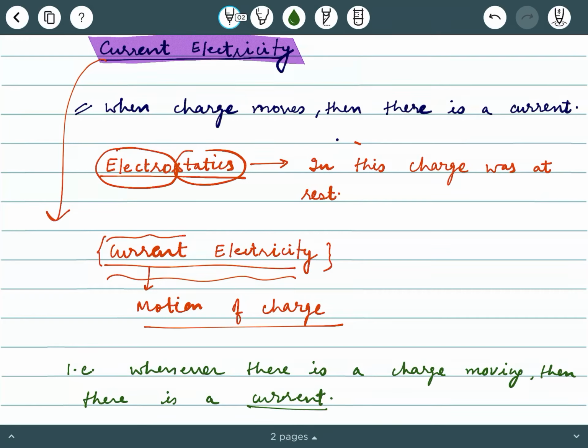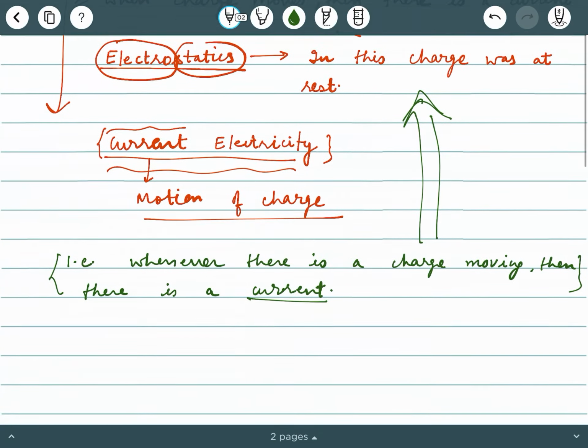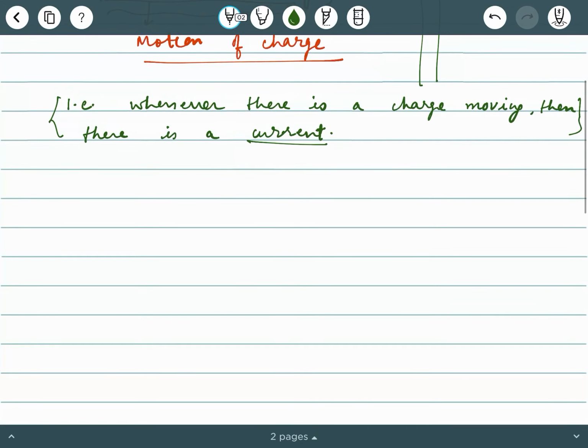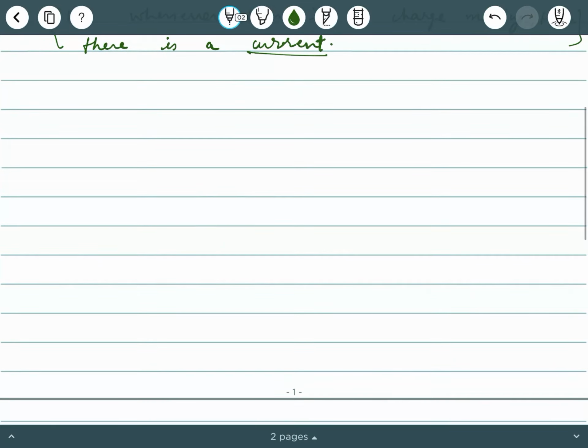Now we measure current and there is a formula for measurement, but in general we can say that whenever there is a motion of charges, then we say कि current है वहाँ. ये this line and this line is almost the same. There is not much difference in these two lines, right? So in this unit we are going to study the motion of charges.